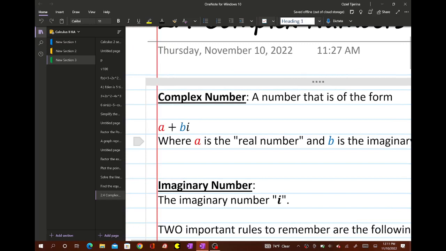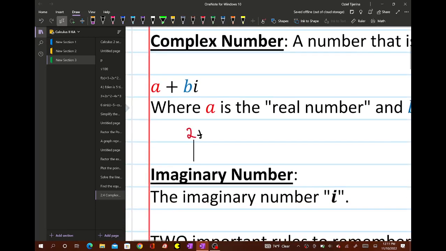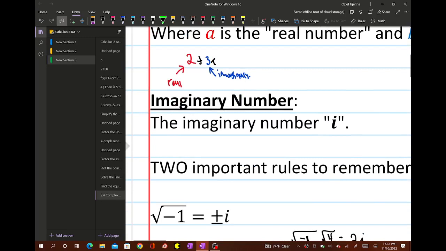Some examples of that: if we have 2 plus 3i, 2 is my real number, and 3i is my imaginary part because it has an i next to it. And an imaginary number is basically i.